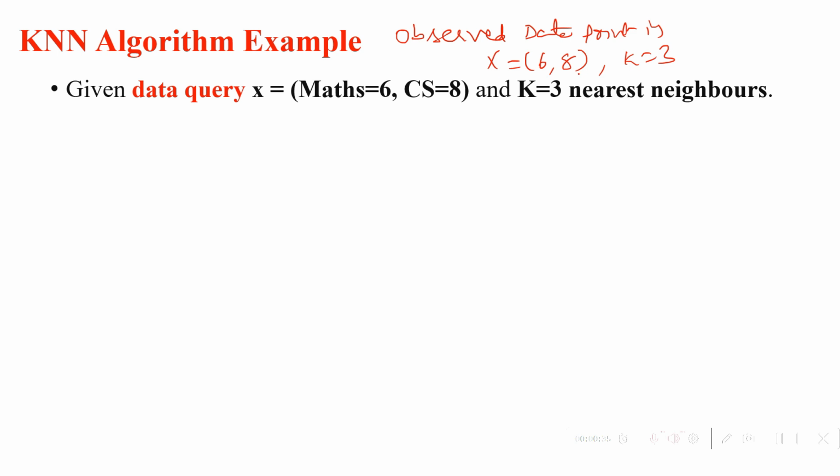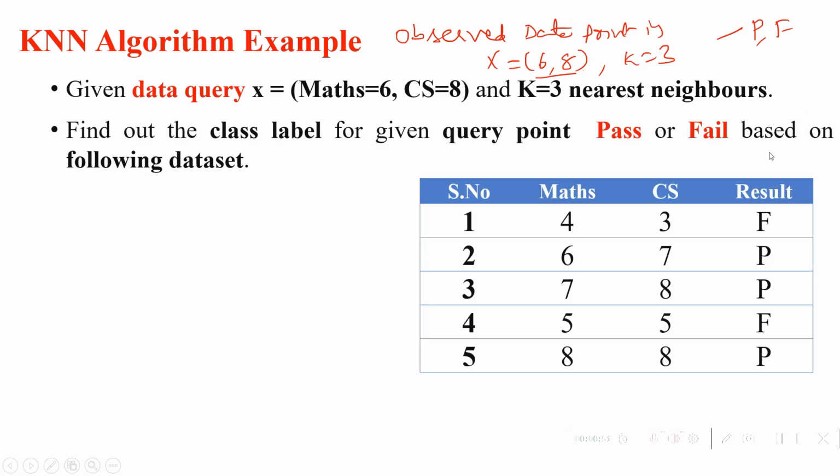Now we are going to assign the class label for this data point based on the observed data. The class label may be either pass or fail, based on the actual data. This is done by using the KNN classifier. The actual data contains two features, A1 and A2, and the corresponding class labels.